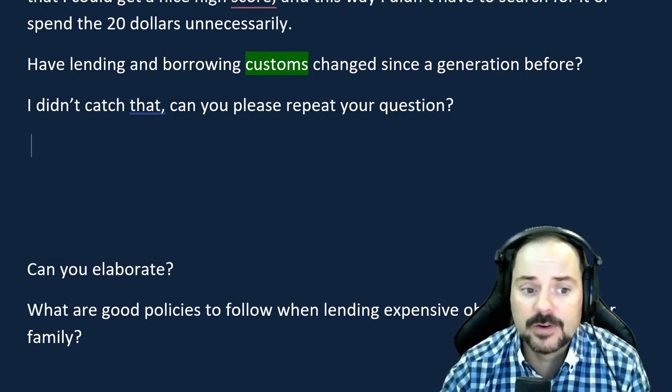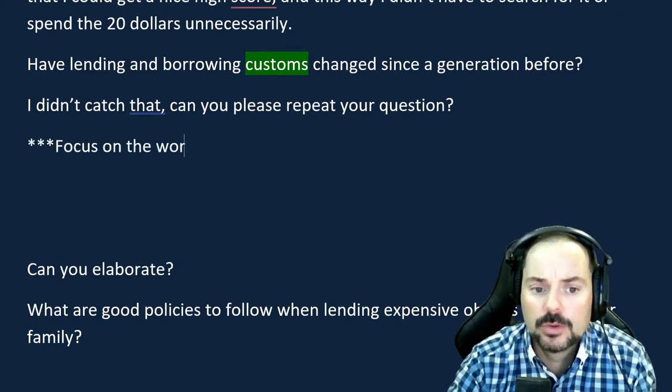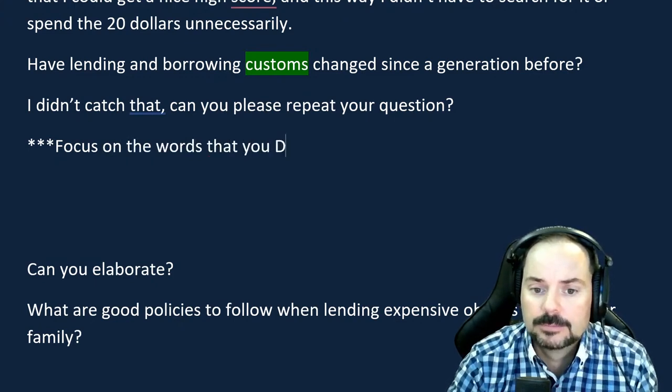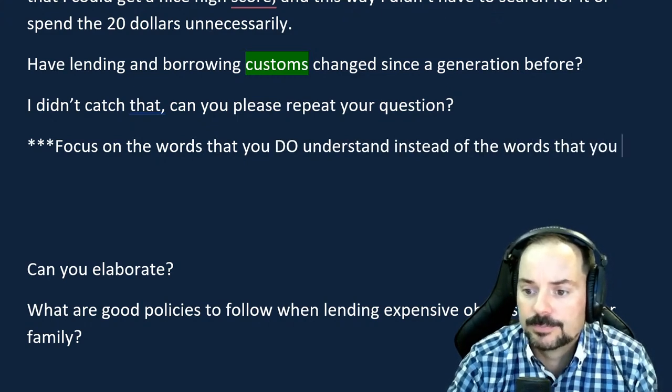Okay, that's a very important trick here. So focus on the words that you do understand instead of the words that you don't.